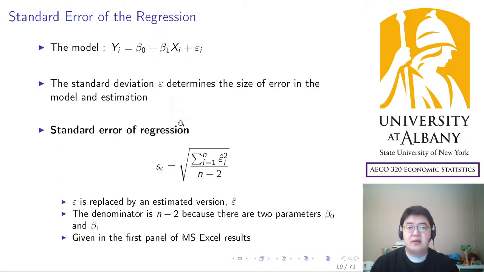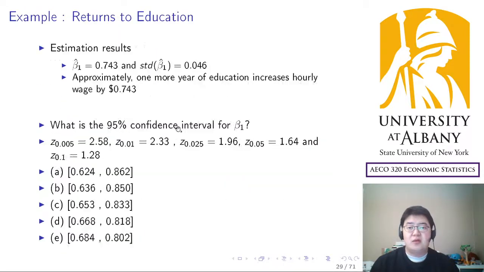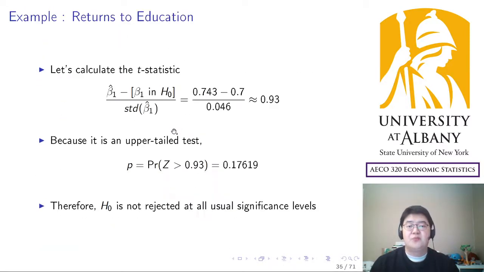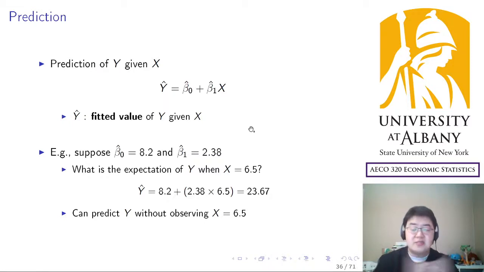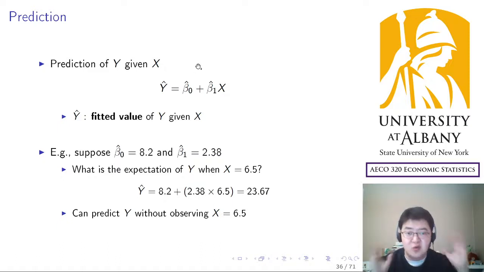Let me go back to where we stopped. The ultimate purpose of the regression model is to predict the cost given a certain amount of output. So for example, what we want to do here is I am going to produce 10 units. Then how much does it cost?